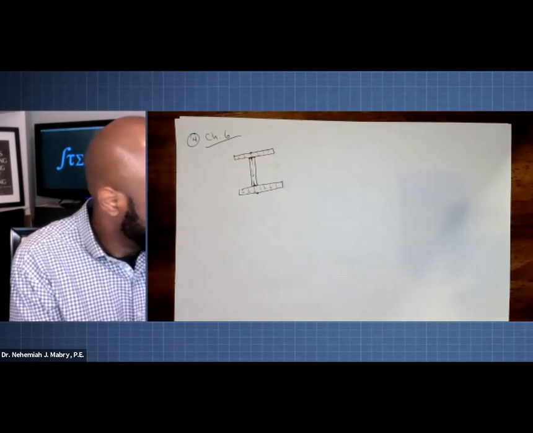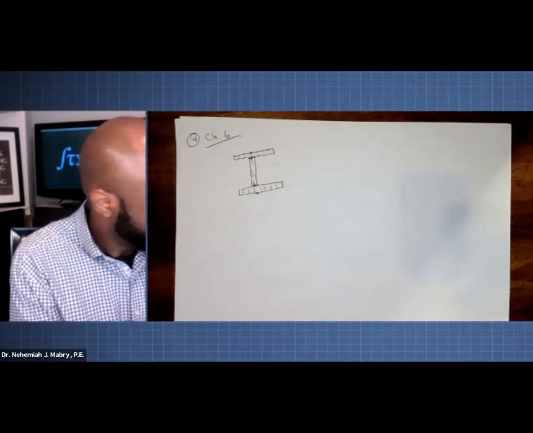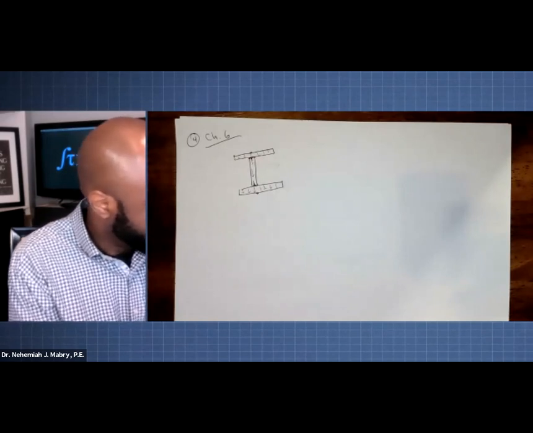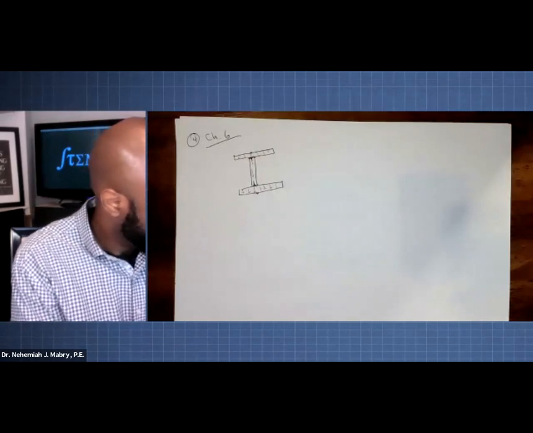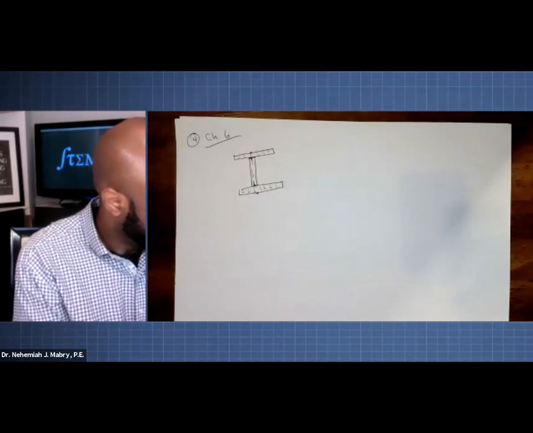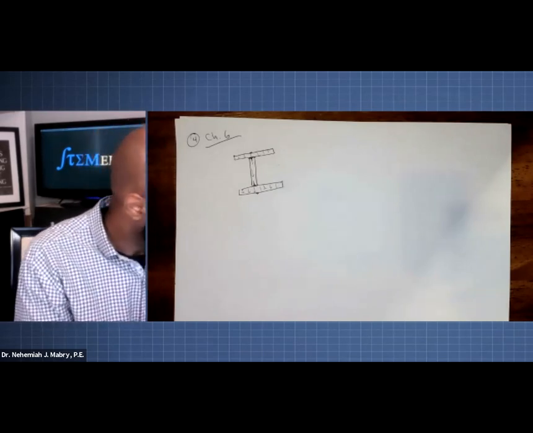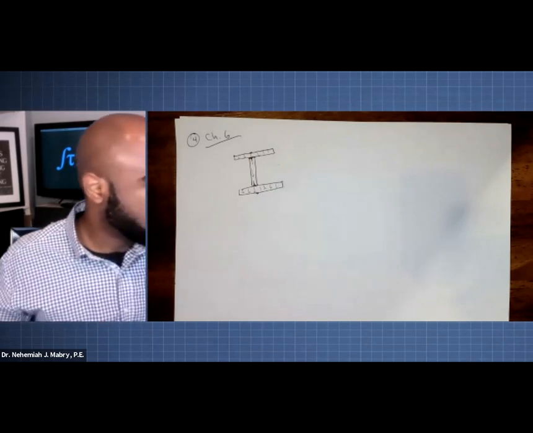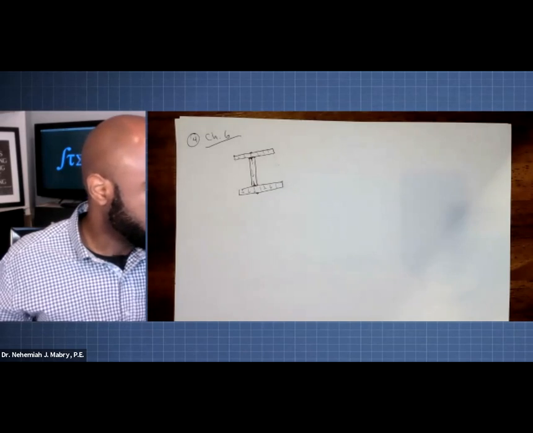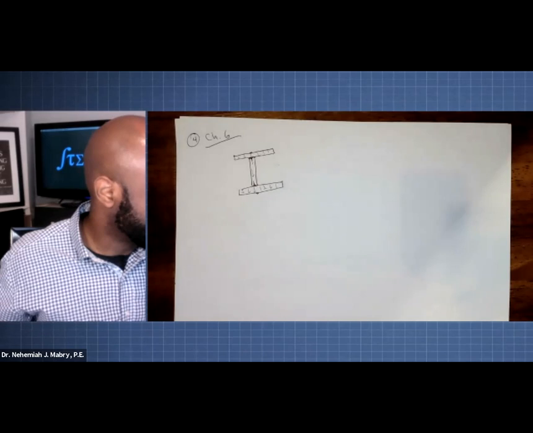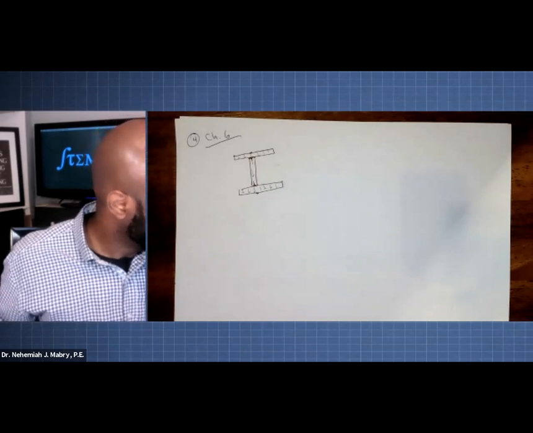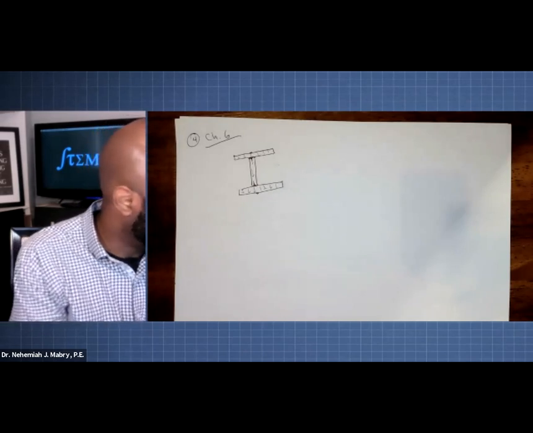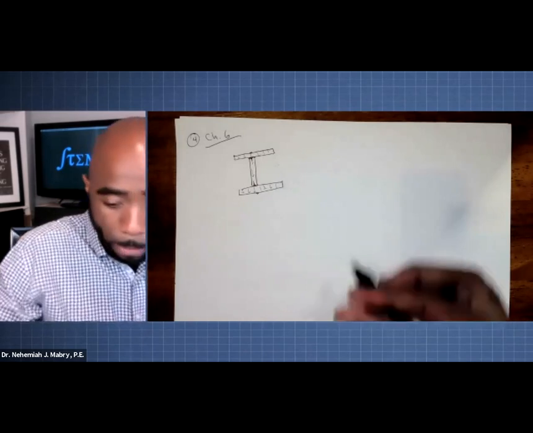I'm going to turn to the chapter real quick so I can draw something. All right, so here you have flexure formulas that you dealt with.